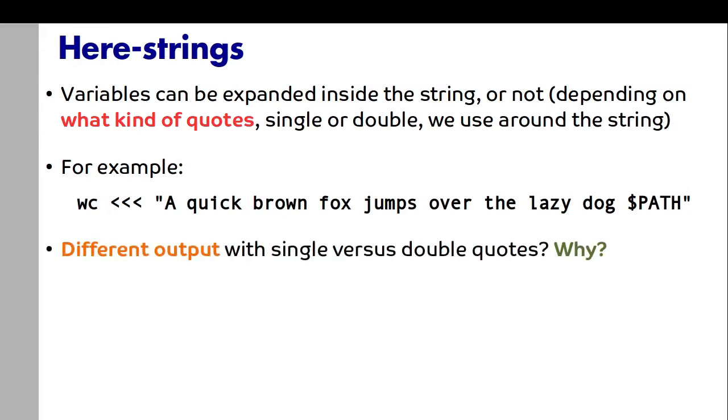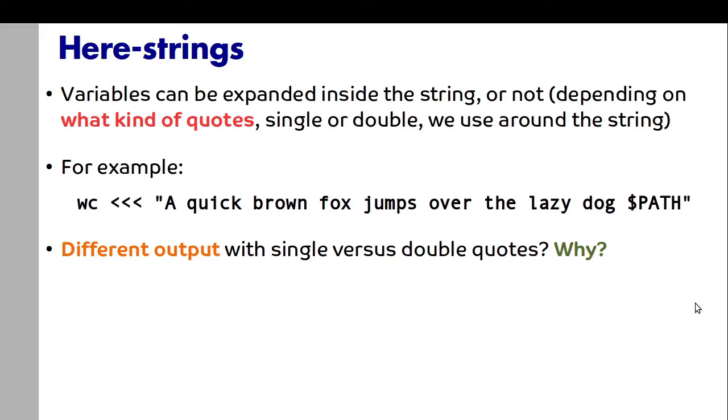So different outputs for single versus double quote. That's something that is arbitrary, is the way the construct works. If we use the double quotes, we tell the system that we want to expand any variables that appear in there. If we use the single quotes, we turn that off. Anything that has a $ sign and something after that is not to be considered a variable anymore.